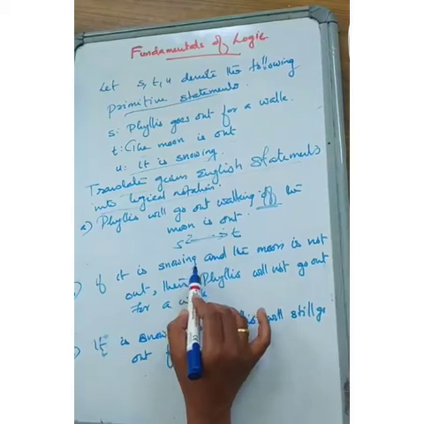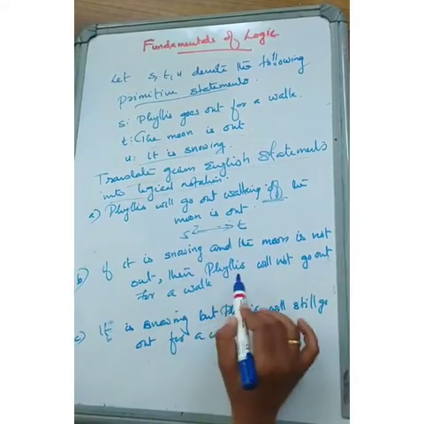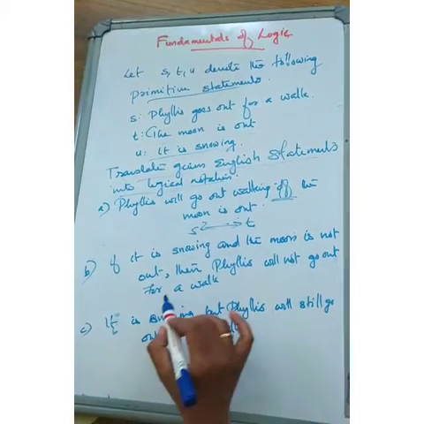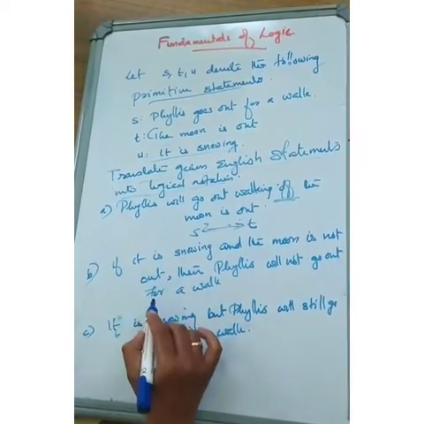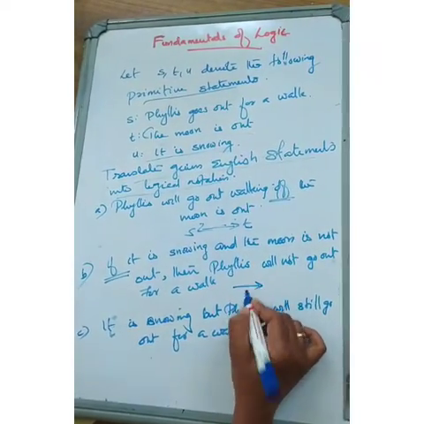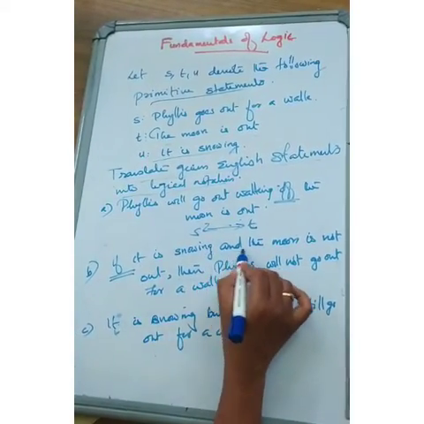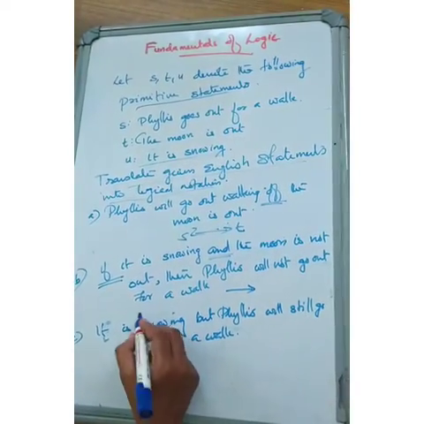If it is snowing and the moon is not out, then Phyllis will not go for a walk. Starting from if, it's clear that there is an implication.